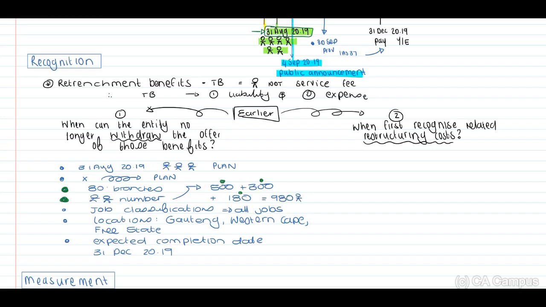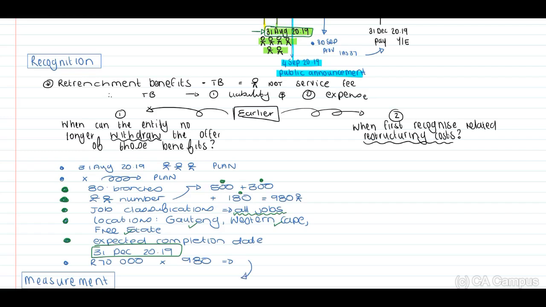They have indicated the job classifications stating that all jobs at these locations provided to us, Gauteng, Western Cape, Free State, and they've provided the expected completion date being the 31st of December 2019, as well as the plan communicated that each employee will receive 70,000. Therefore, the 70,000 times the 980, which will be part of our measurement section.